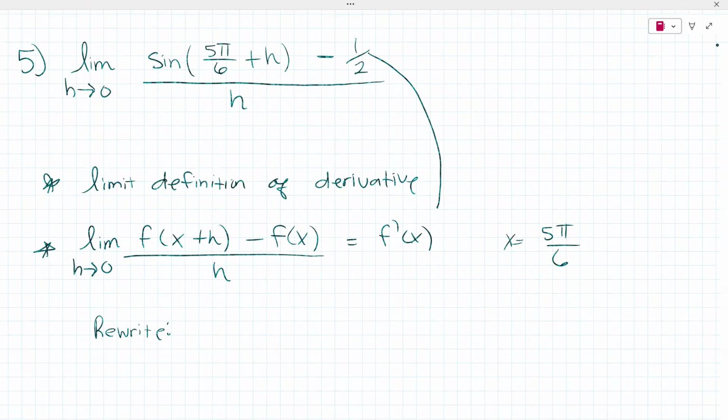If you compare this with the limit definition, our x is 5 pi over 6, and we have our h, which is just h, and our f of x is going to be sine of x. Our f of x is definitely going to be sine of x.